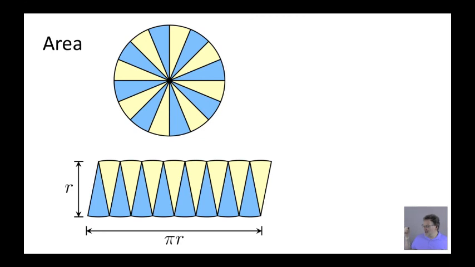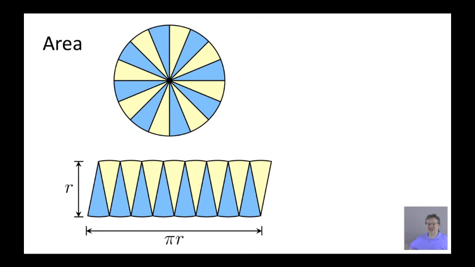So if we were just taking a look at the blue portions of that circle, that would not be 2 pi r, that would just be pi r. The blue sections are just half of the circle, so the distance around the blue parts would be half the distance around the circle. So that's not 2 pi r, it's just pi r.